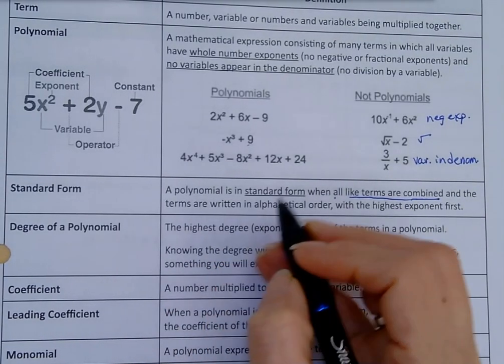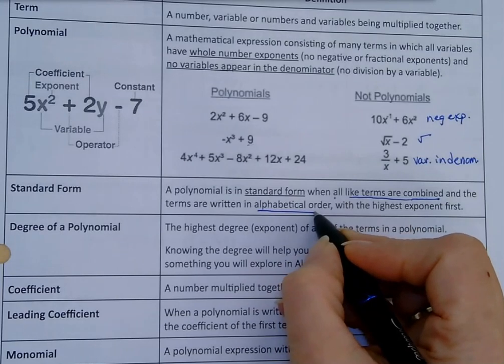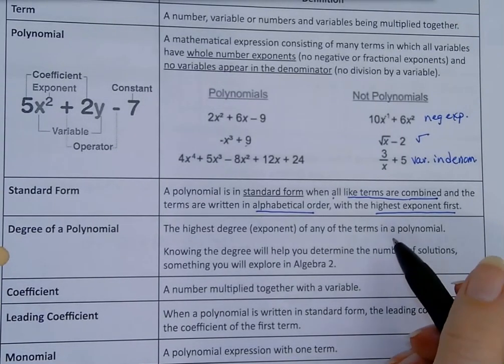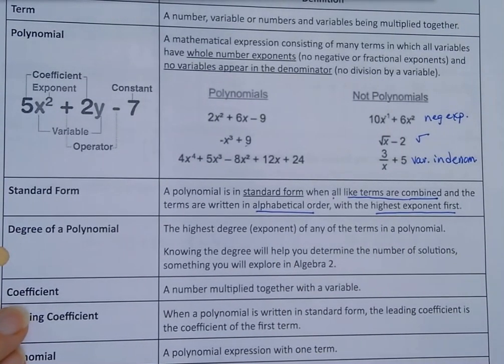And the terms are written in alphabetical order, with the highest exponent first. Okay, I'll show you some examples of this. There are some additional rules when you have more than one variable in the same term, but we're going to just stick with this basic definition for right now.